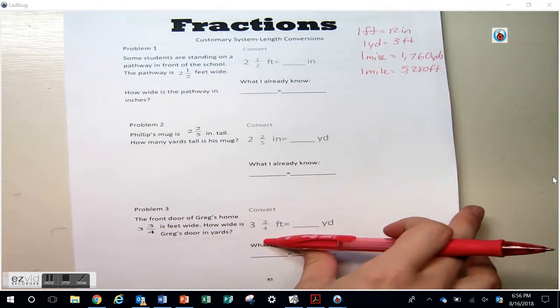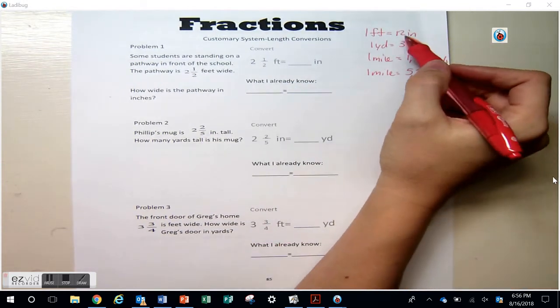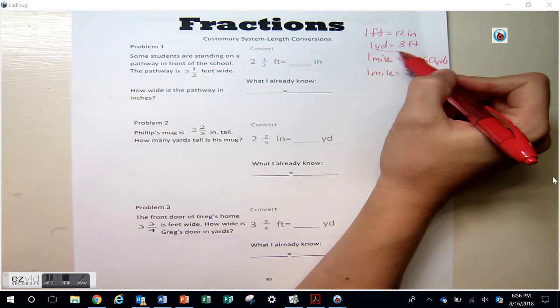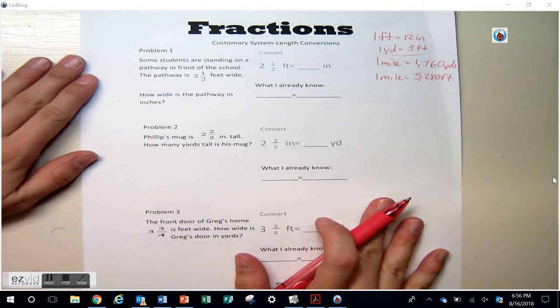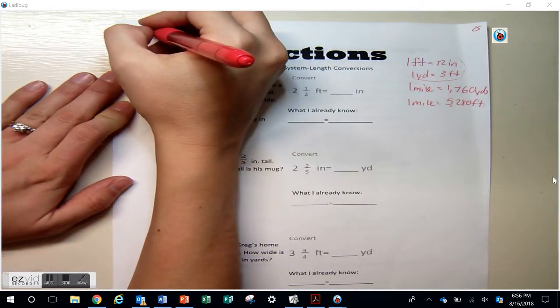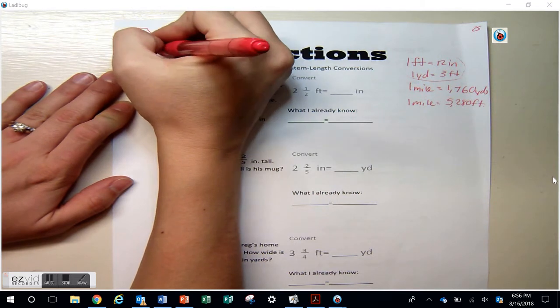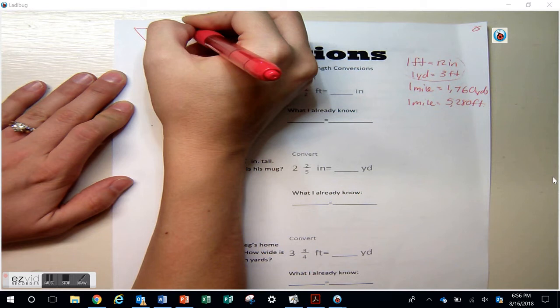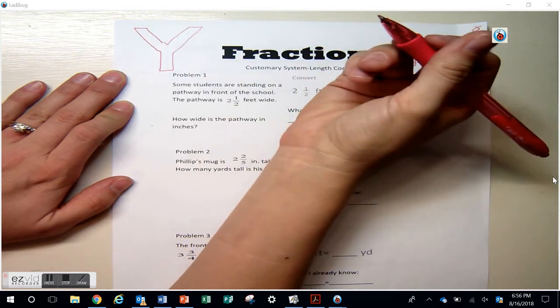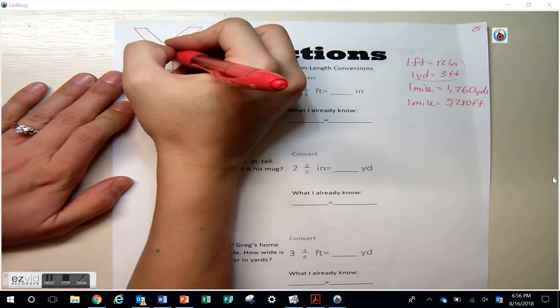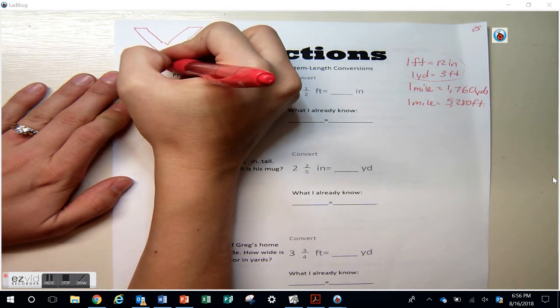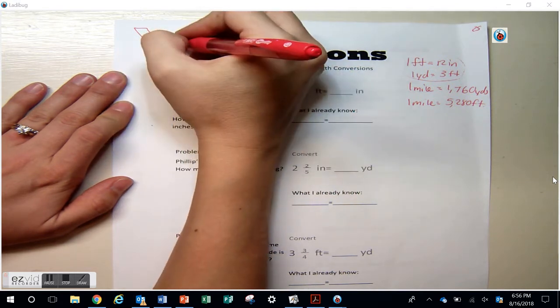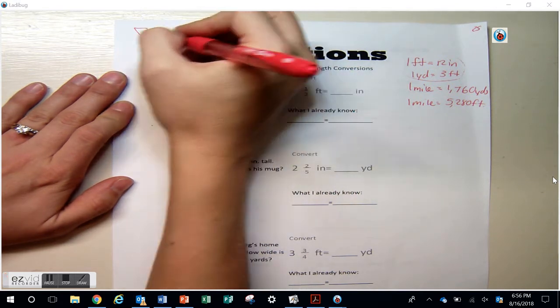One thing that I have for you as far as these measurements here, we can make our yard, our big Y, and inside we write foot, foot, foot.